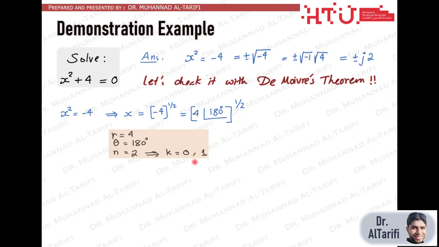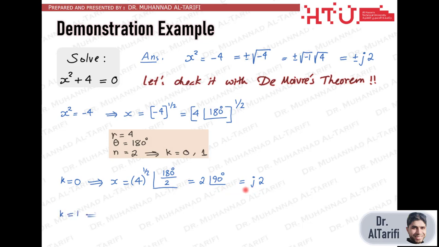With k equals 0, we get the first root as r to the power half, which is 4 to the power half, or 2. And the phase is theta divided by n, which is 180 degrees divided by 2, or 90 degrees. So this root becomes 2 at the phase of 90 degrees, which equals j2.